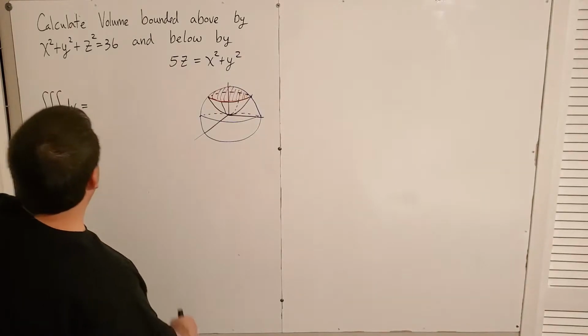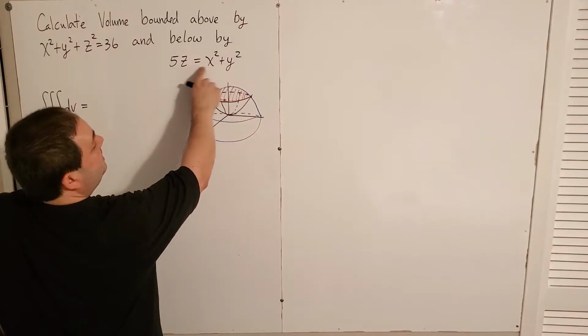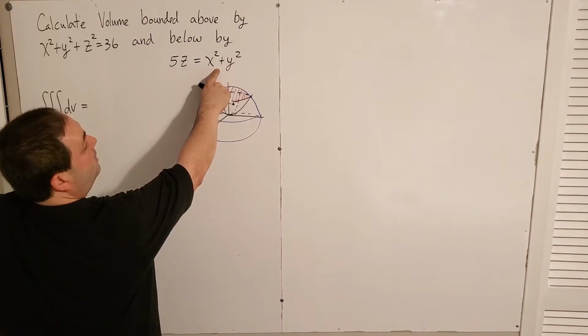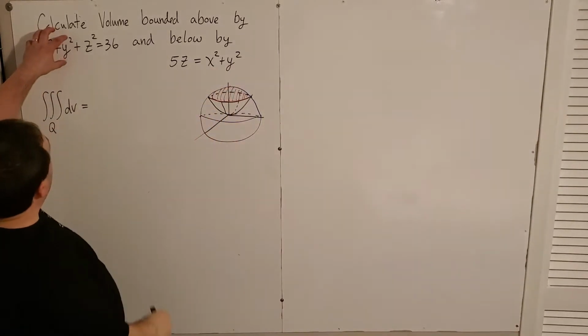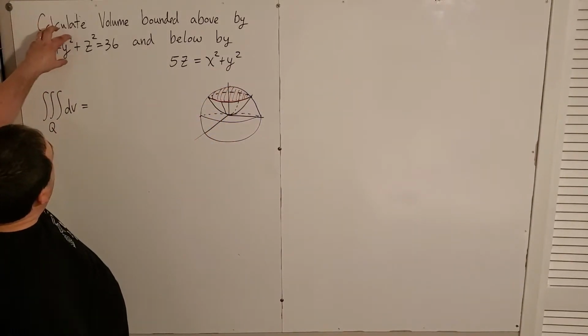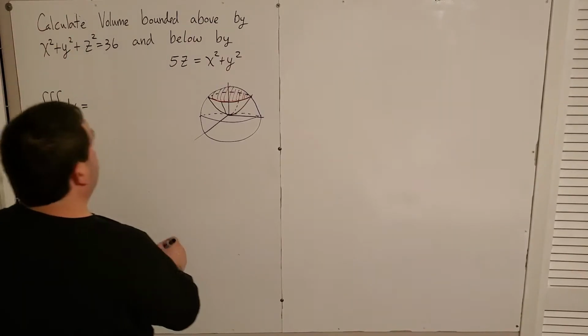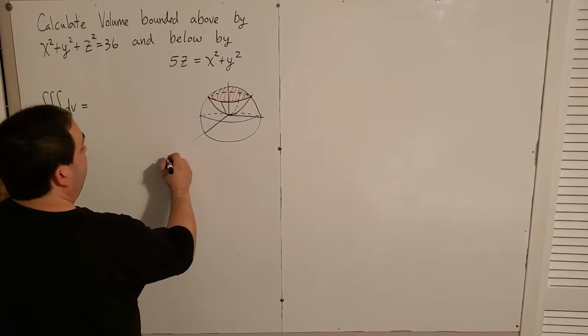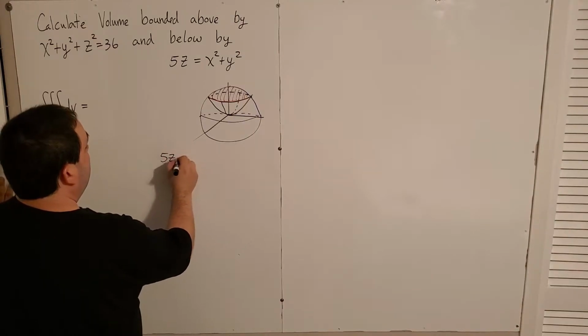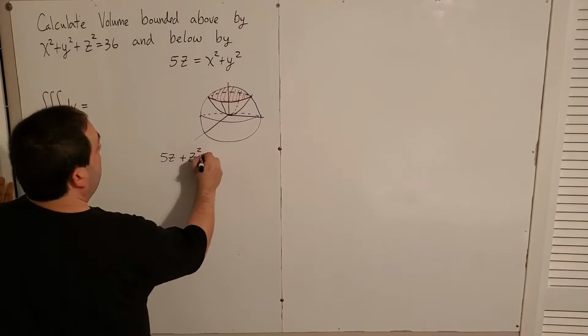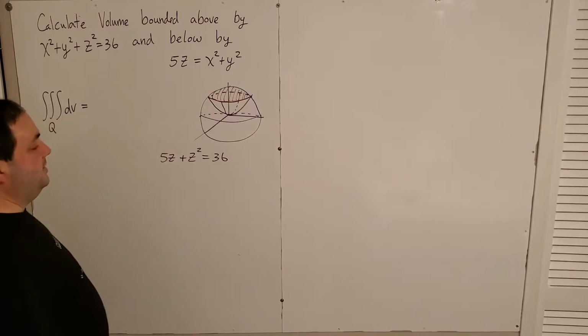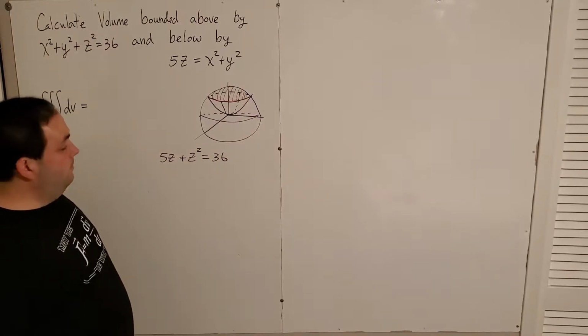Luckily, 5z is equal to x squared plus y squared, so I can directly plug that in for x squared plus y squared right here. And what I'm going to get is 5z plus z squared equals 36.